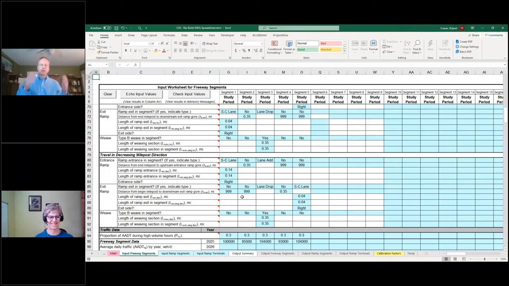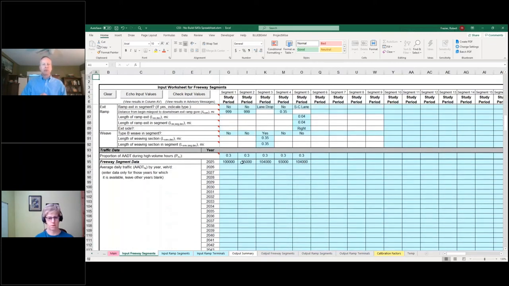If ramps come in at different places, you need to segment it for both sides at the same time. You've got to work through that segmentation process. So it's very important to realize that, and so when results are coming out for the entire facility, it's just good to understand that for freeways, it's both sides for the main line.